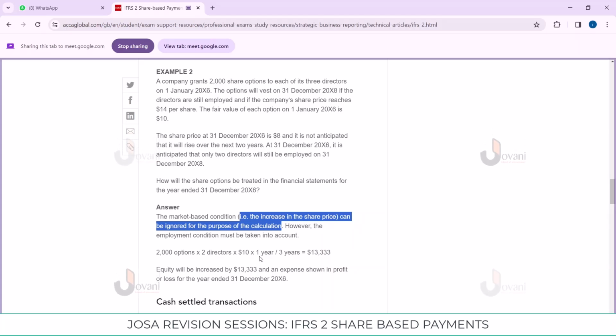However, the employment condition must be taken into account. This is a service condition, so it has to be catered for.